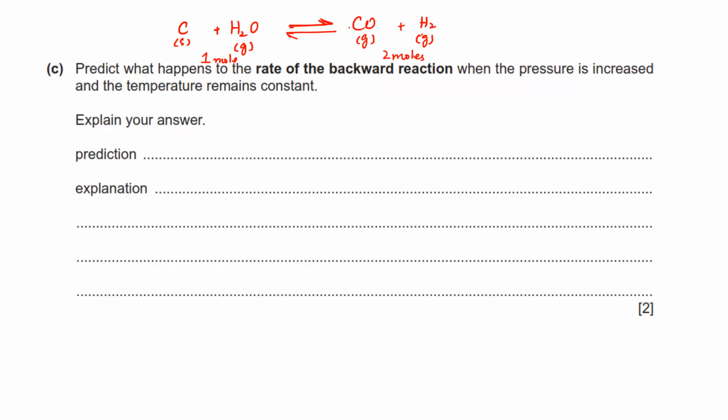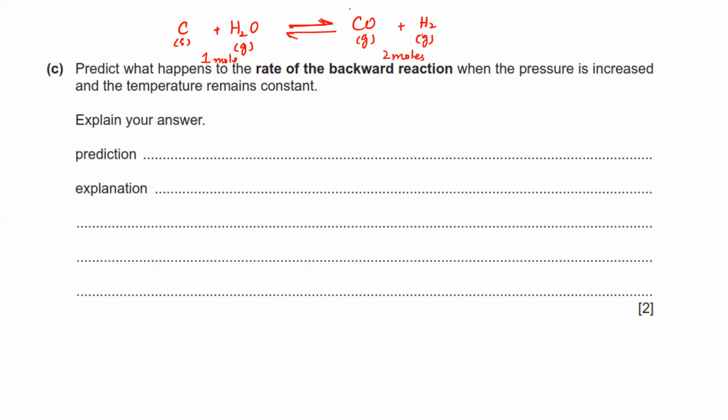the number of molecules per unit volume will increase, and so will the number of collisions for the reaction to take place. Or you can also think in this manner that this reaction will have to keep the equilibrium, and in order to keep this equilibrium, the reaction will shift in such a way to compensate this increase in pressure.